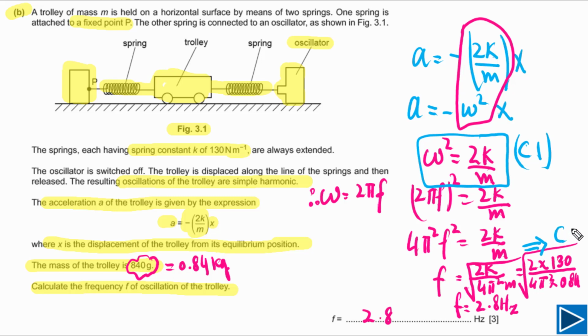And the third mark is the A mark, which you get if you have the correct answer, frequency equal to 2.8 hertz. So this is how marks are distributed: 2 C marks and 1 A mark for the correct answer. Even if your method is different but you got the correct answer, you will still get 3 marks for this question.